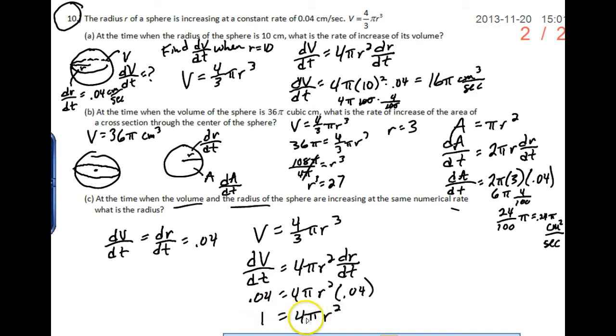So now, how do I solve for r? Divide by 4 pi, so I get r squared equals 1 over 4 pi, which means that r is 1 over the square root of 4 pi, or you could write 1 over 2 root pi. And then obviously that would be centimeters.